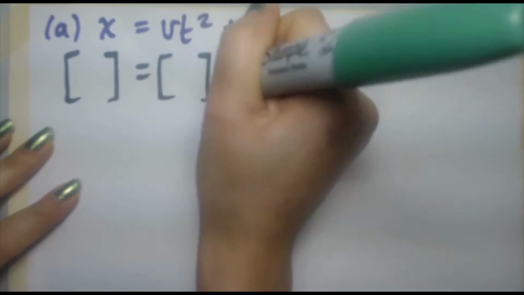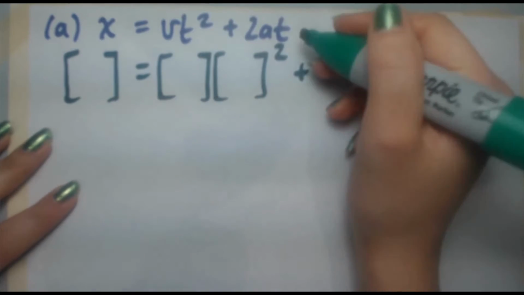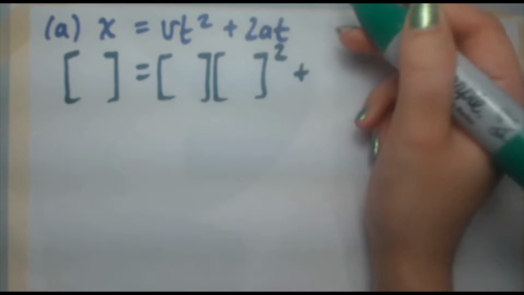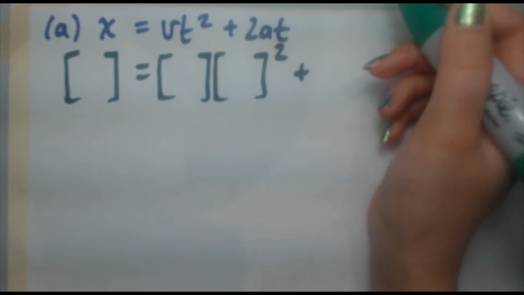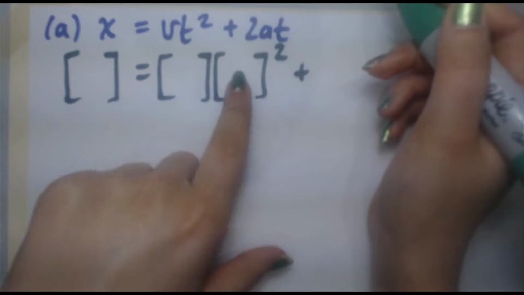You've got our v, the t is getting squared, plus, now remember, in the previous video I said numbers or coefficients don't change the unit, they just change the size, which is why dimensional analysis can be used to determine if the equation is incorrect.